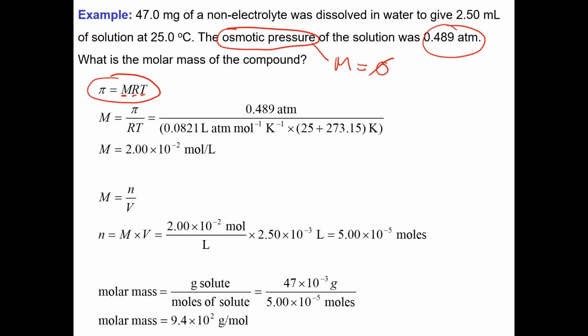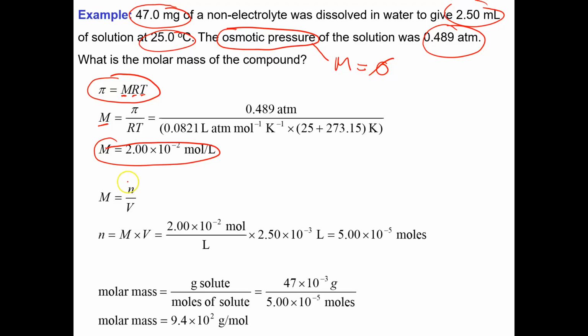We know the volume of our solution, we know the grams of our solute, and we know the temperature. I think the sensible thing to do here is to reorganize the osmotic pressure equation and solve for the molarity. So the molarity will just be equal to pi over RT. So at this point, we can get the molarity.